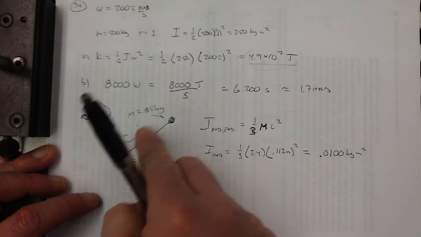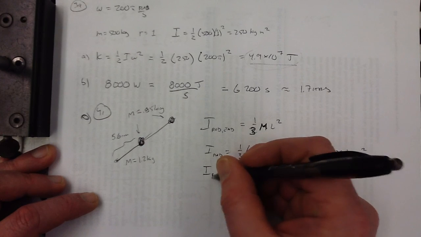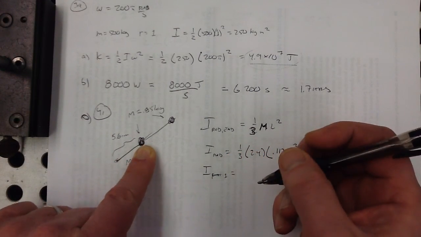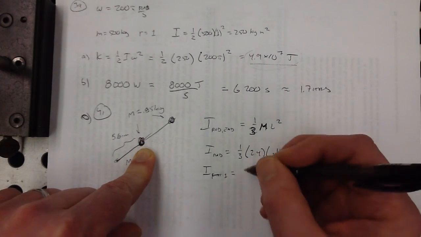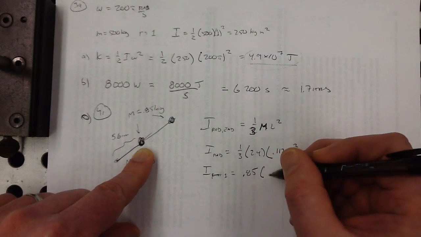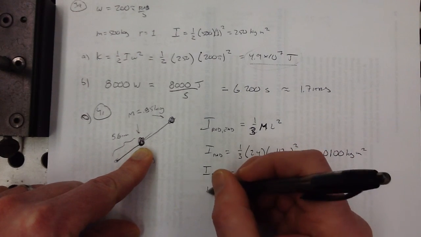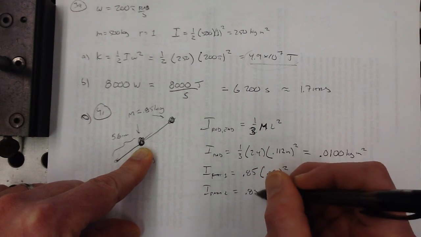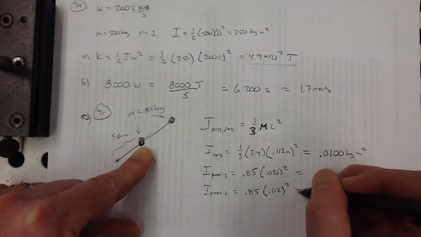And then each of these particles, particle 1, it's just a particle, so particles just have moment of inertia mr squared. I'm going to treat it like a particle anyway, so that's m times r squared, and then particle 2, m times r squared.